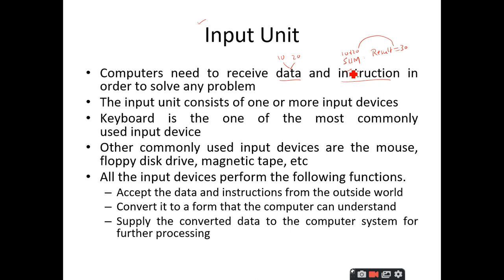This is the instruction: add, sum and store it in result. These are called instructions, and 10 and 20 are called the data elements. So, anything that the computer requires should be provided by the user in terms of input. There should be a provision for the computers to accept inputs from the users.